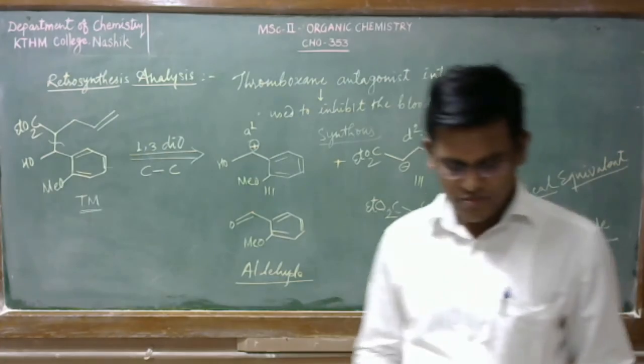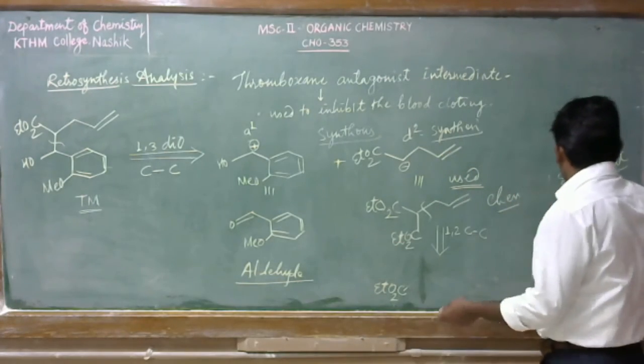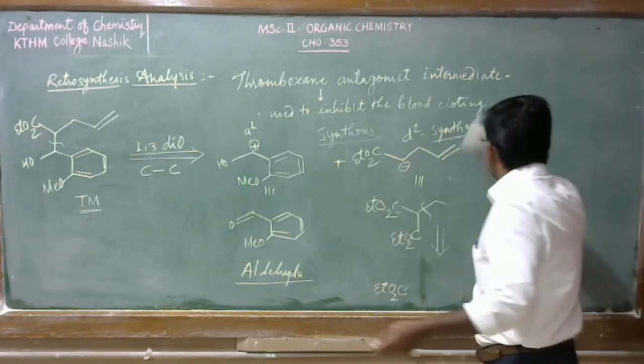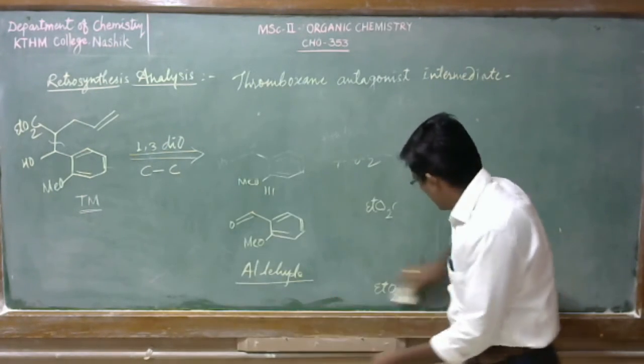So let us have its forward synthesis. In the end we have got diethyl malonate and allyl bromide.